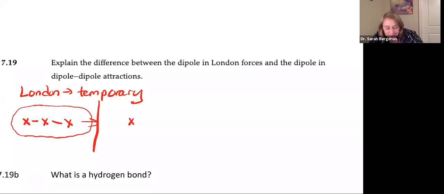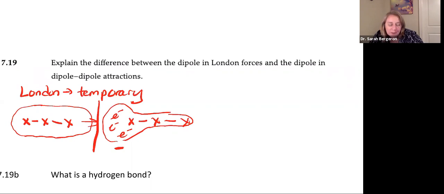Well, you still have the same elements, but this electron cloud ends up kind of larger on one end than the other. And so you have an area that ends up being negative because you have all these electrons hanging out, and then you have a positive end.